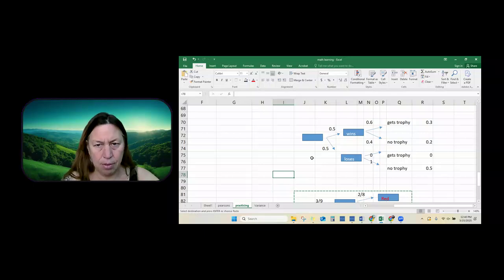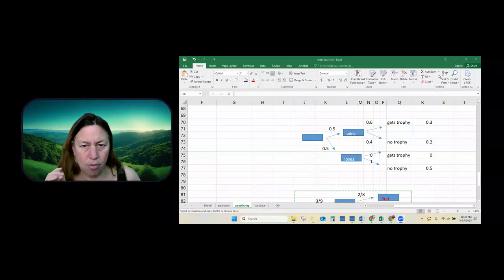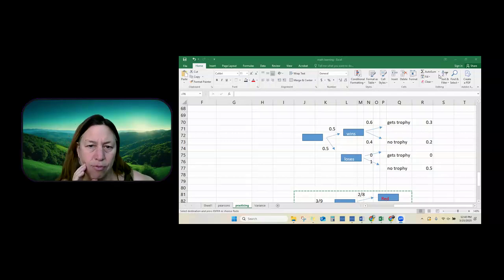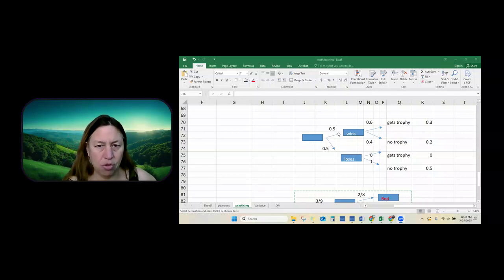Right. So if we were looking at Marie, the probability of Marie winning and getting the trophy, there's a 50% chance that she wins and a 50% chance that she loses. Okay, so the complement of this stream of probability A is the complement of A, 1 minus A, because it's always going to add up to 1.